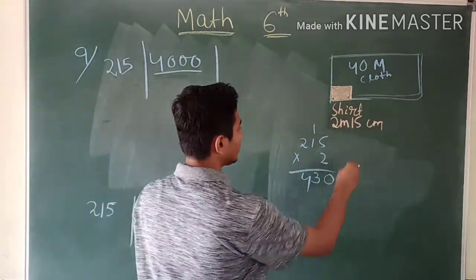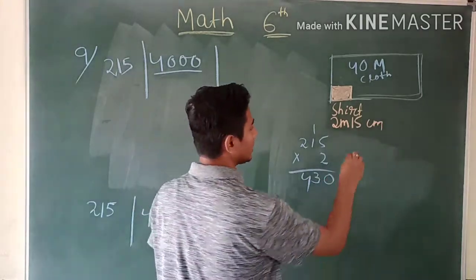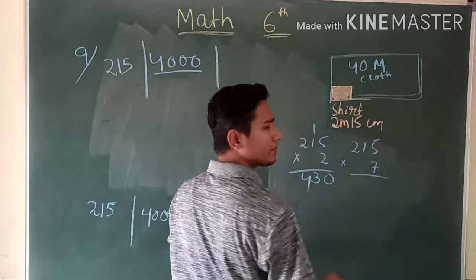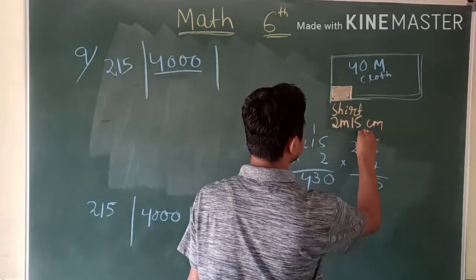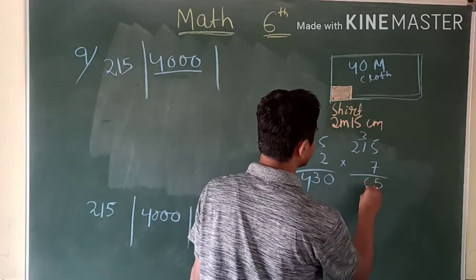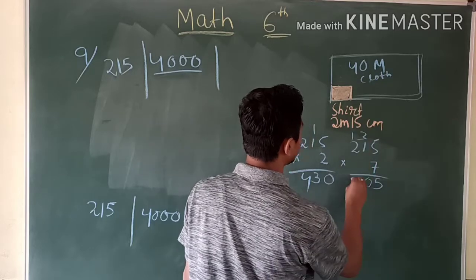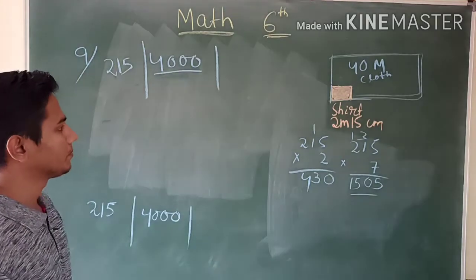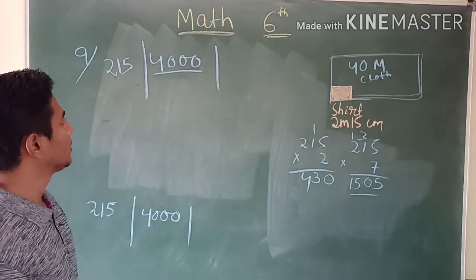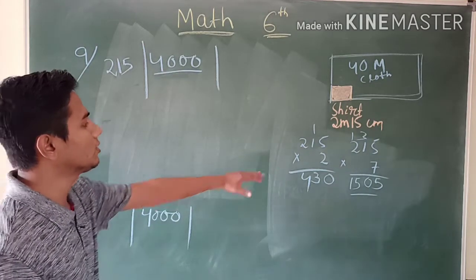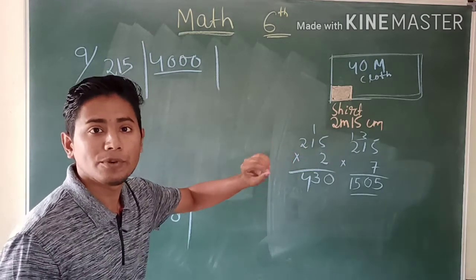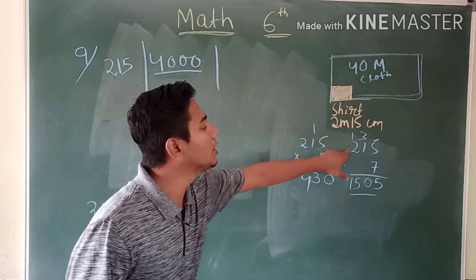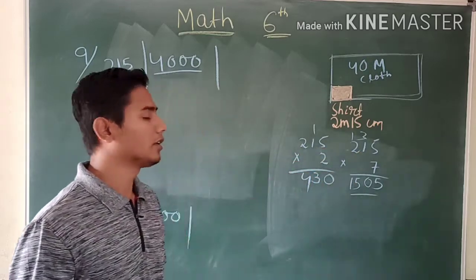I just guess the number and multiply. I think 215 into 7: 7 5s are 35, carry 3, 7 1s are 7 plus 3 is 10, 7 2s are 14, plus 1 is 15. 1505. It is also less. So now think which number you can take.